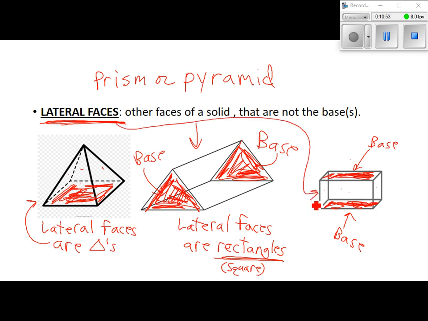So a rectangular prism would have two bases, four lateral faces. A triangular prism would have two bases and three lateral faces. So you have to be able to pick out which ones are your bases and which ones are just the lateral faces.